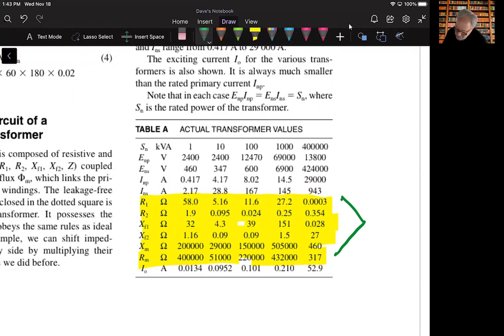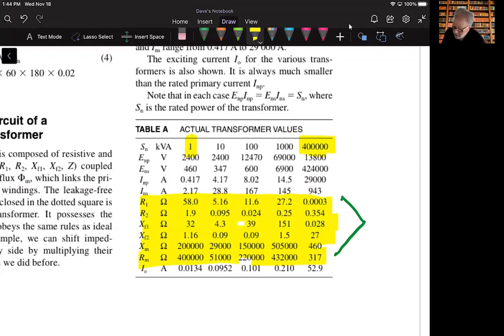Notice that the values for the transformers range from 1 kVA, and when we talk about power systems, this is the world we play in, all the way up to 400 megavolt amps, or 400,000 kVA.